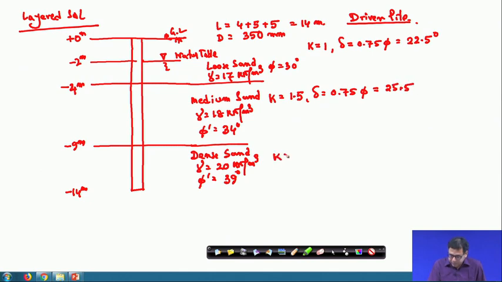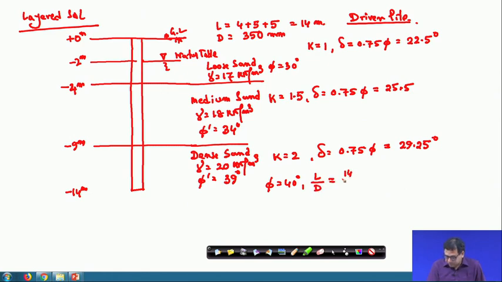For dense sand, K value I am taking 2 and delta value again 0.75 of phi, and that is equal to 29.25 degree. Okay. So, now L by D is 14 divided by 0.35, and that is equal to 40.